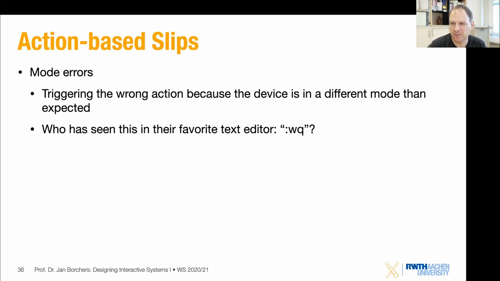Anybody seen this before? Yeah, Aparna, go ahead. Yeah, it's for saving and quitting the VI editor. Right. So this is the command sequence that you type to save and quit the VI editor, right?